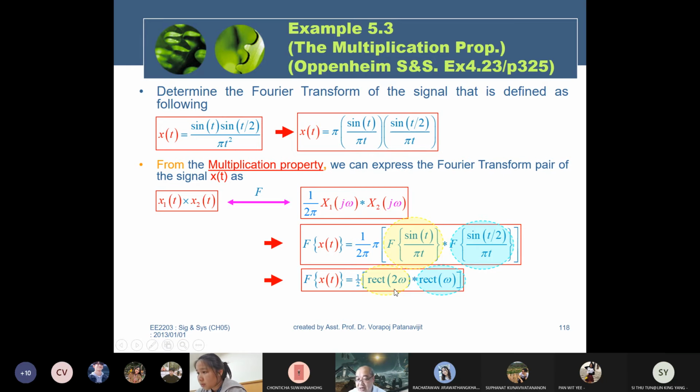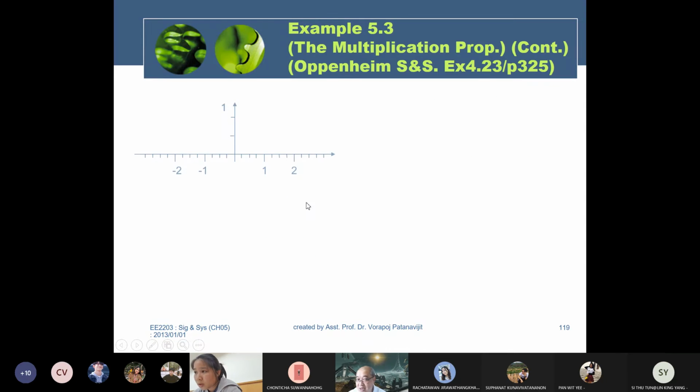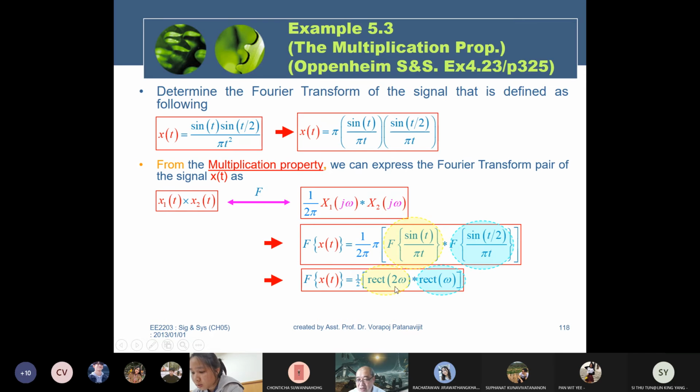You have the rectangle and the rectangle, but both of them are not multiplied, both of them are convolved. The way to convolve the signal is not too difficult. When you see it's convolved in the frequency domain, it's not impossible to do. Very easy.